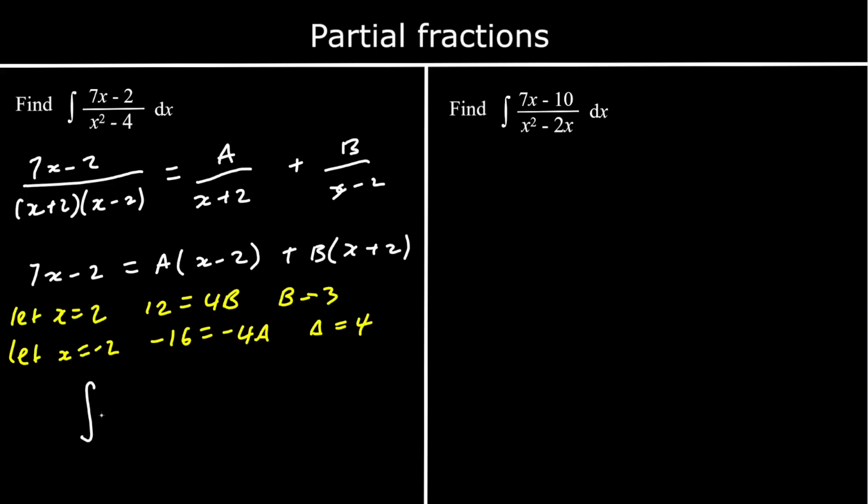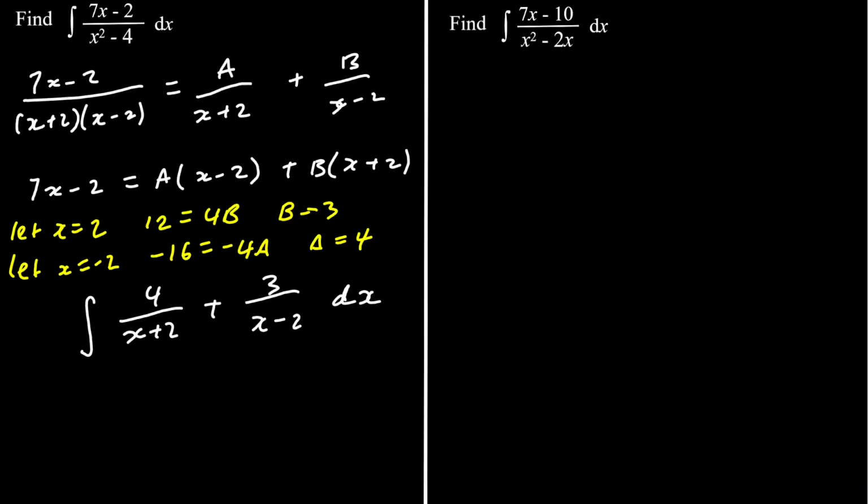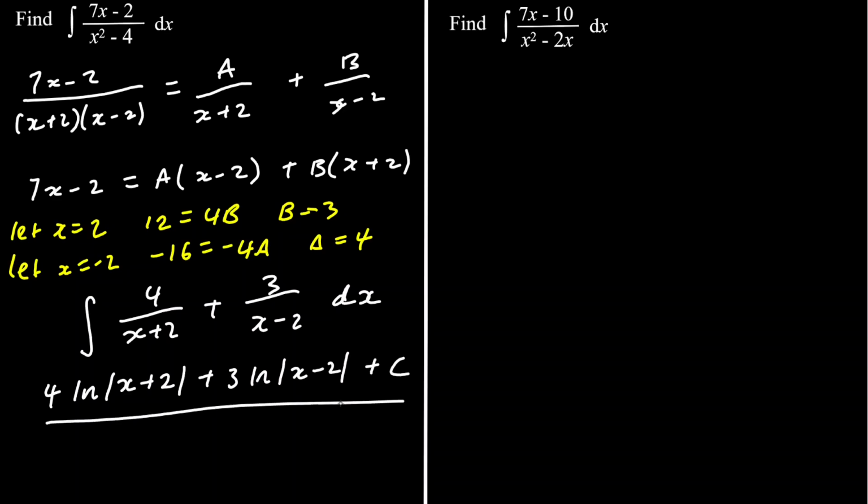So we're going to integrate 4 over x plus 2 plus 3 over x minus 2 with respect to x. And again, they're just 1 over x's. They become logs. So it's 4 log x plus 2 plus 3 log x minus 2 plus c.